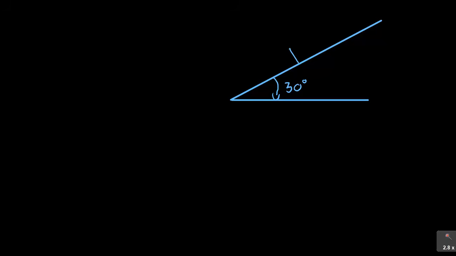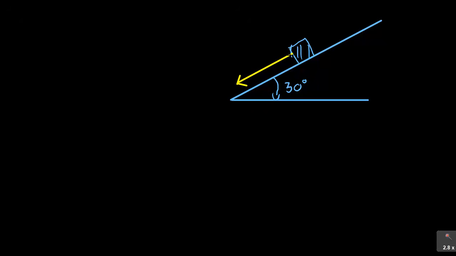Have a diagram where you have a ramp here, and the angle that didn't change, they say there is 30 degrees. So you have a body that is drawn down, so something is pulling this thing down with a force.